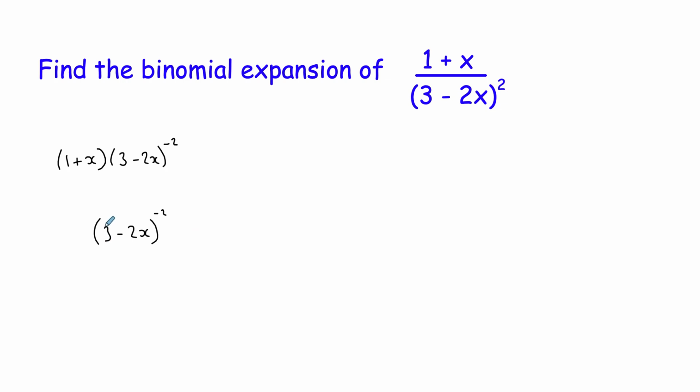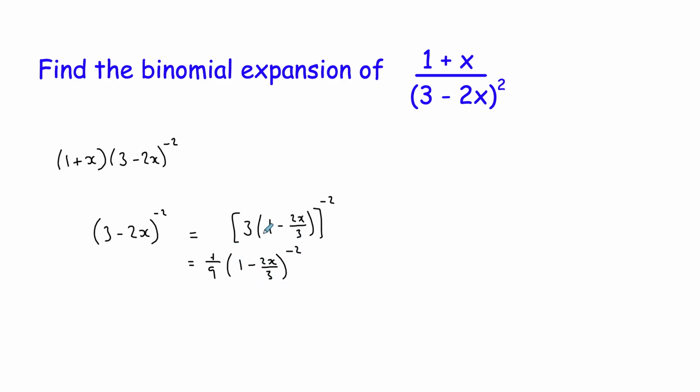And what I'm going to do first is make this be a 1. So I'm going to take out a factor of 3. That 3 and the bracket needs to have the power of minus 2. So that's going to be minus, no it's not, it is going to be a 9th bracket 1 minus 2x over 3 to the minus 2.